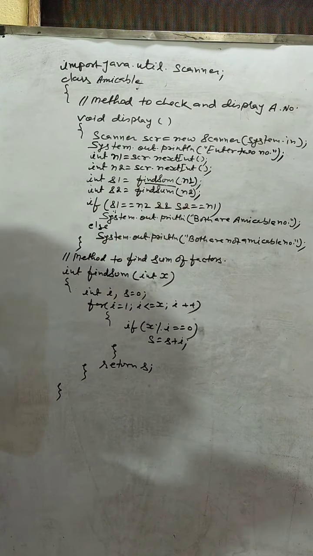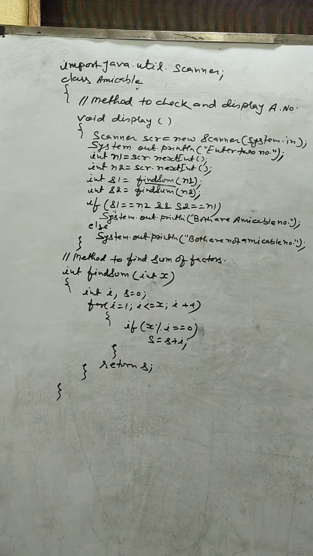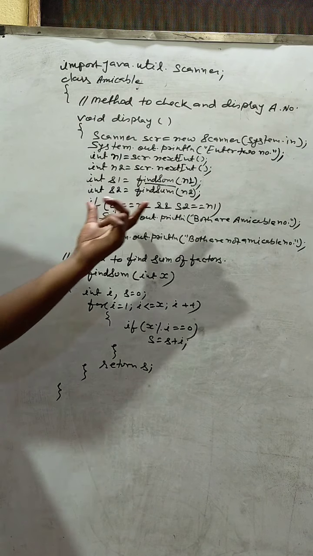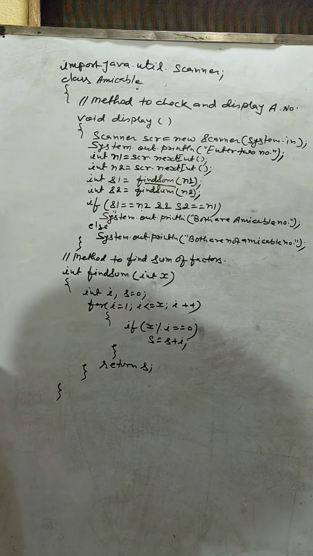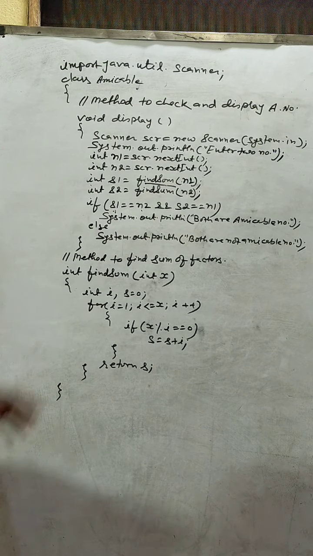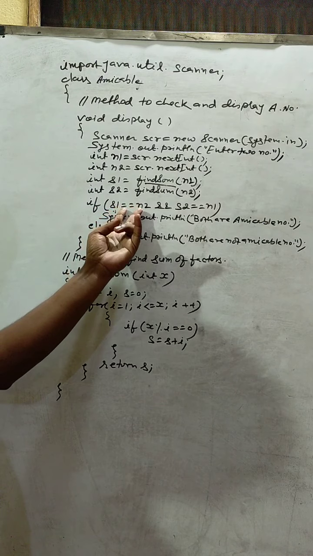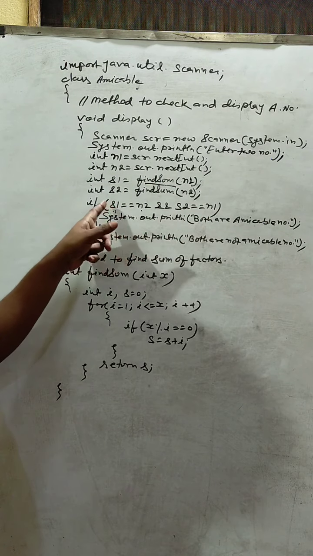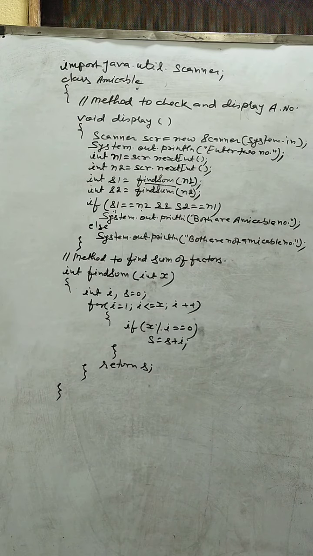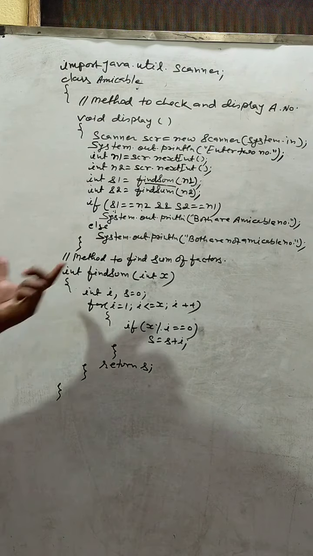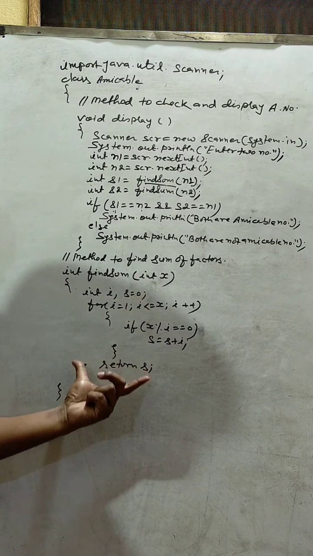If both conditions evaluate to true, then it will print both are amicable numbers. If any one is false or both are false, then control goes to the else part and prints both are not amicable numbers.